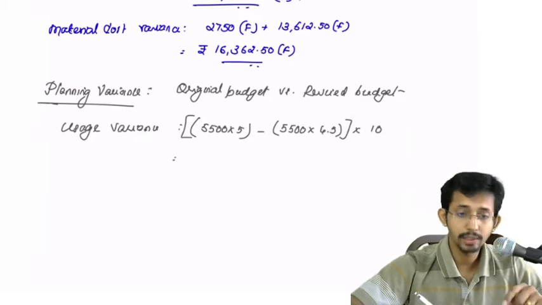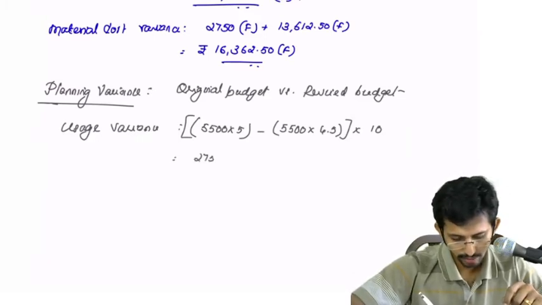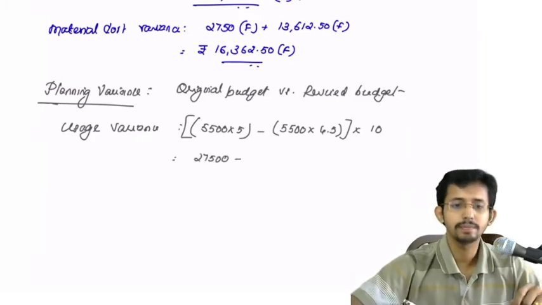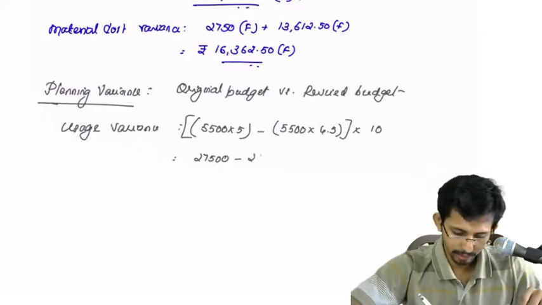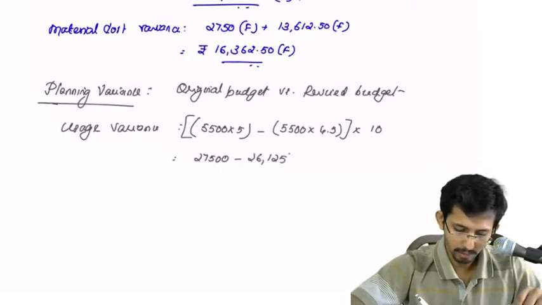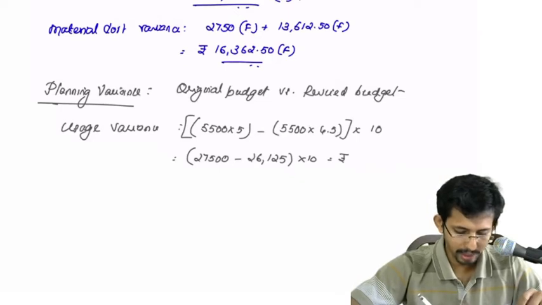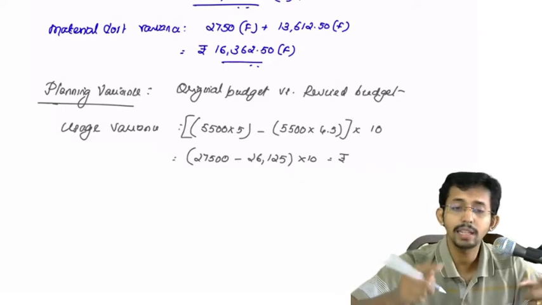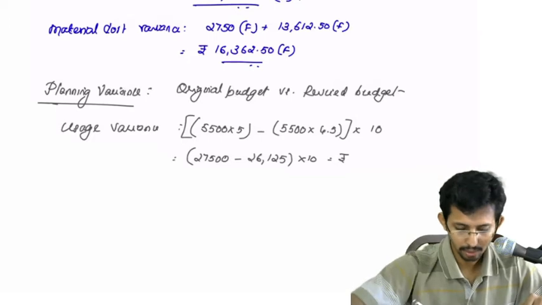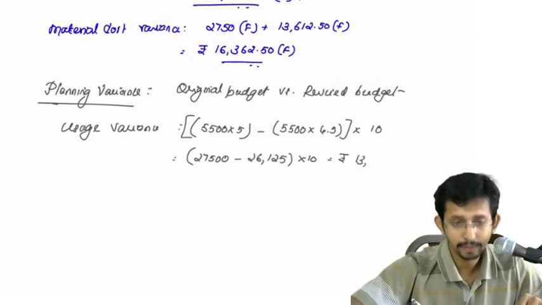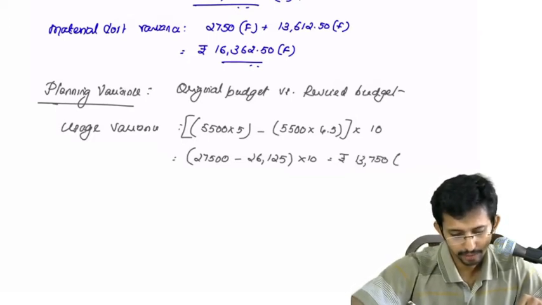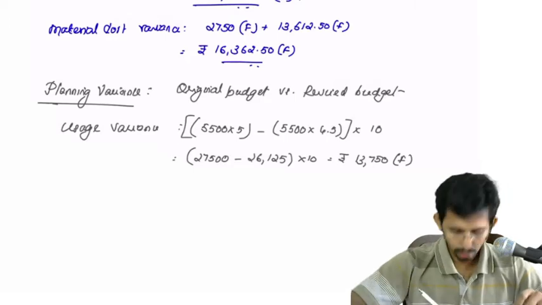So that is equal to 27,500 minus 26,125, into 10. And what happened to the material consumption? It has reduced from 27,500 to 26,125 when the revised budget was prepared. So it is 13,750 favorable.